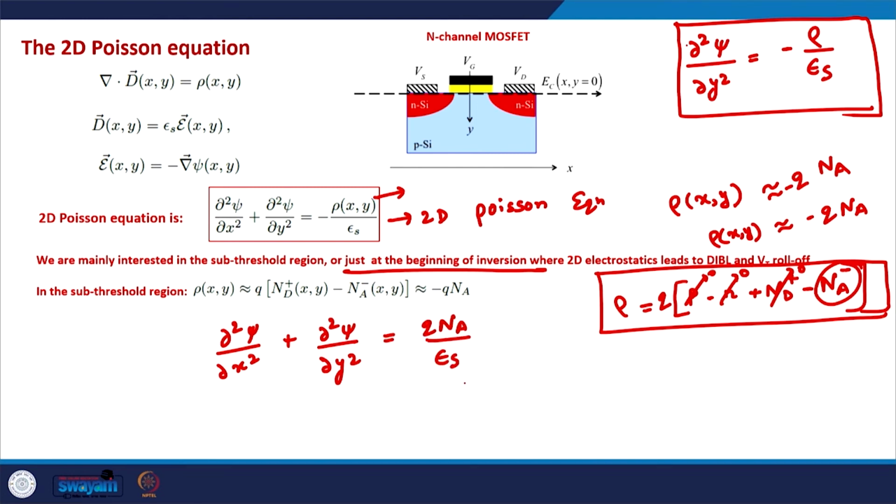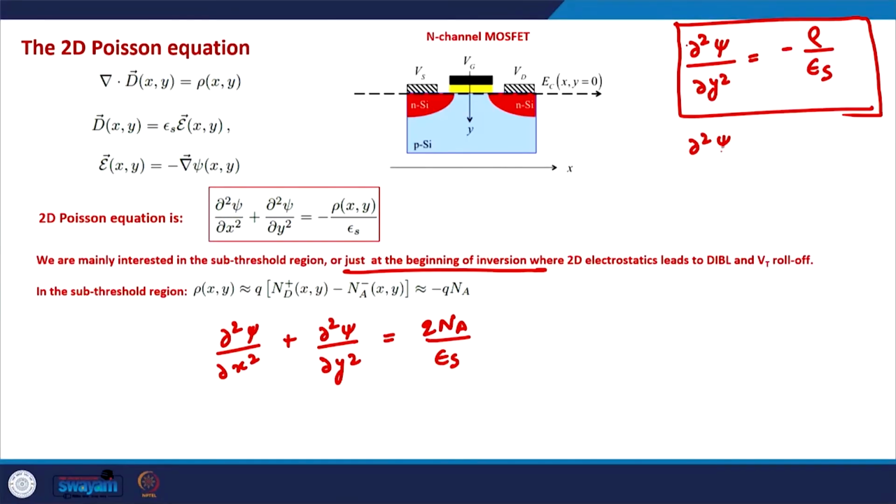And we will also do a parallel analysis of the 1D electrostatics just to see the difference that arises due to the 2D electrostatics. So, similarly in the 1D electrostatics, just at the onset of the inversion, this Poisson equation will look like this: del 2 psi by del y square is equal to q Na divided by epsilon s.